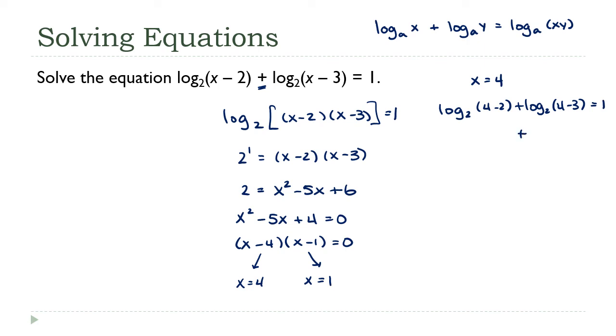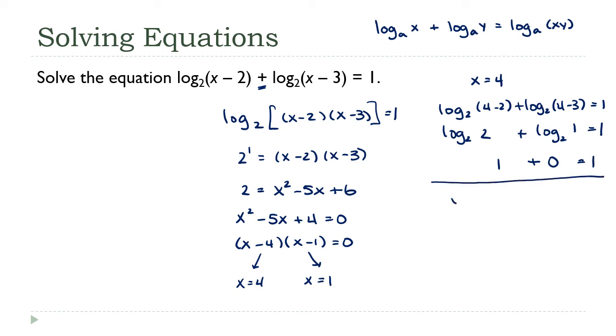Log base 2 of 2 plus the log base 2 of 1. 4 minus 3 is 1, and the log base 2 of 1 is 0. And the log base 2 of 2 is 1. Yes, that does equal 1. Good. x equals 4 checks.